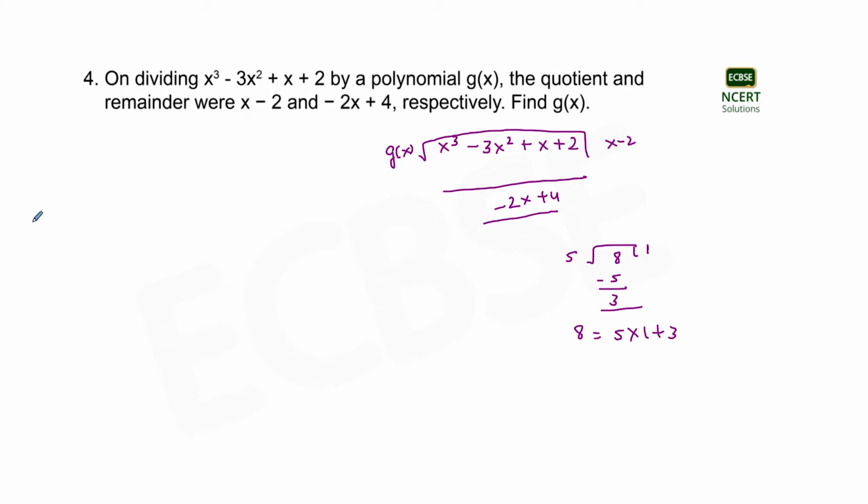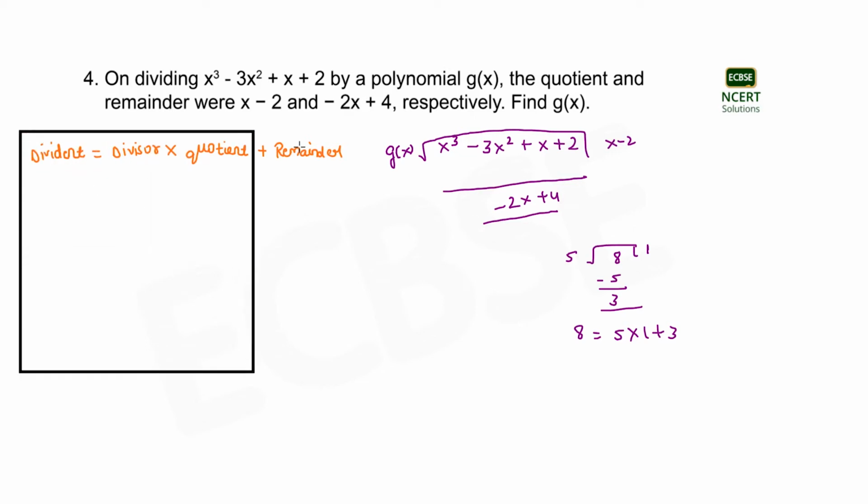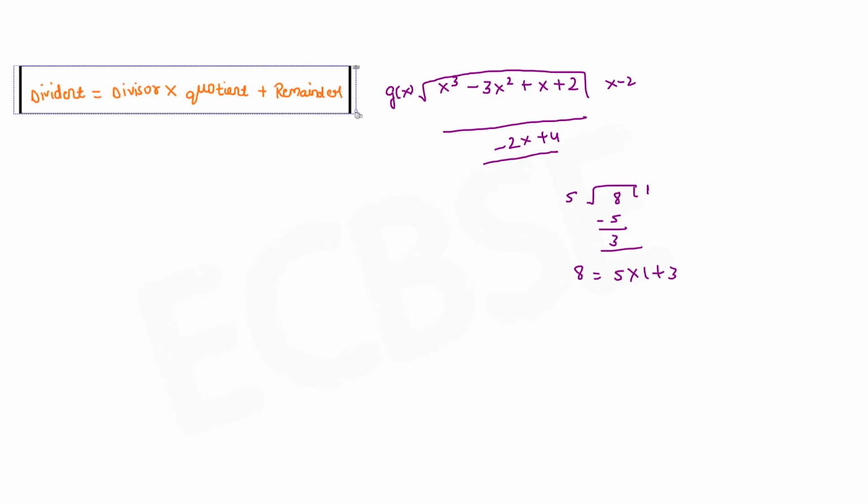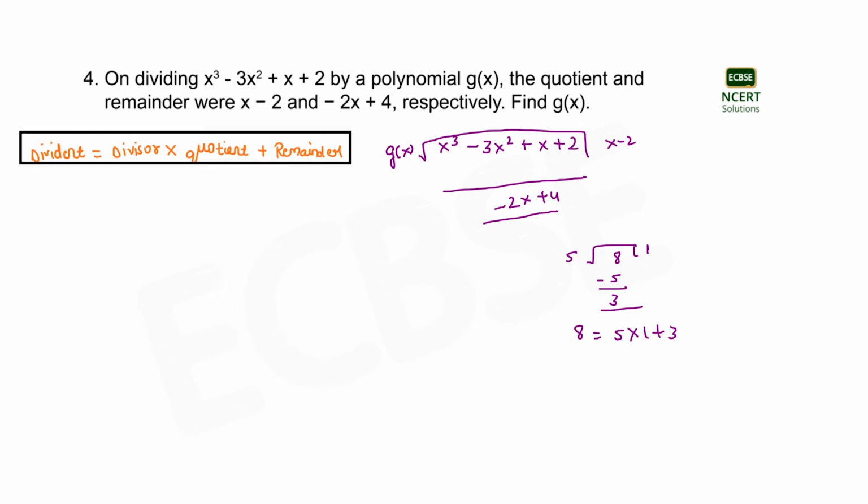So, from here we know dividend is equal to divisor into quotient plus remainder. Let us keep this in a block.